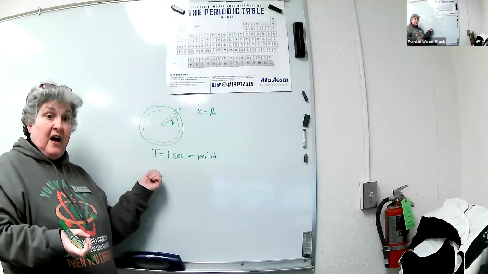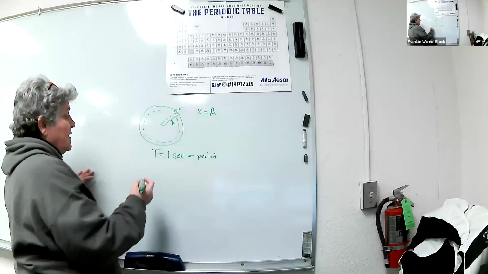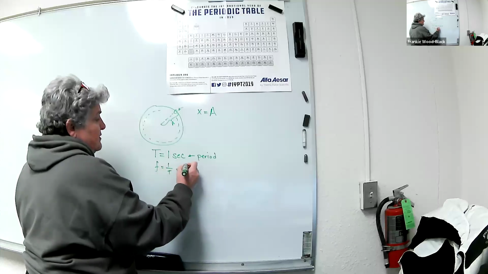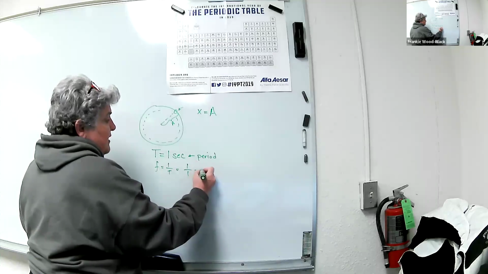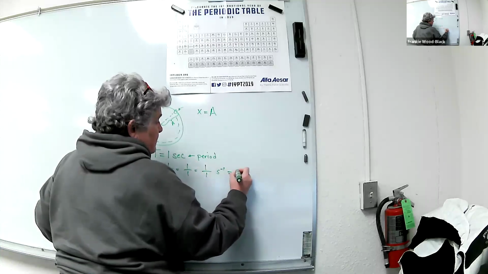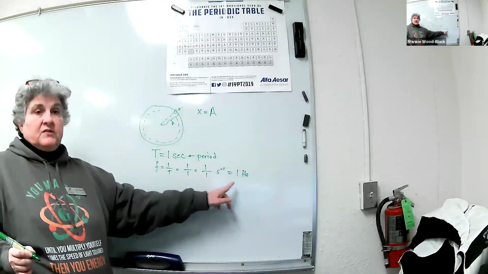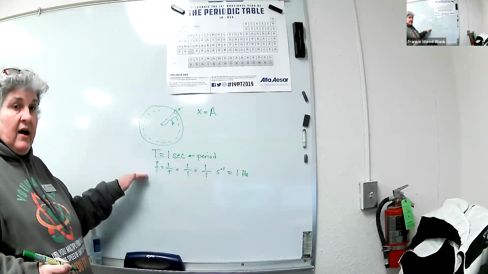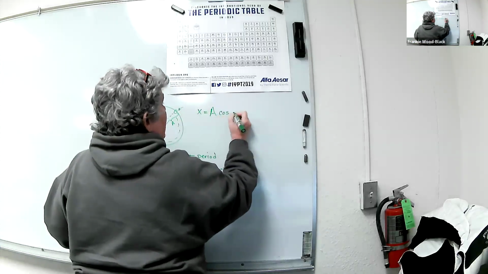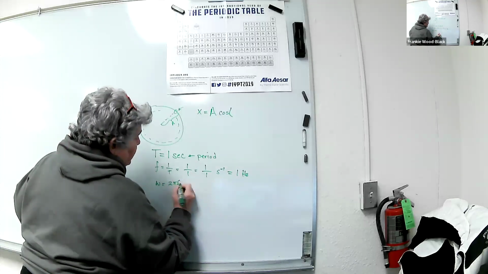My frequency is equal to 1 over the period, which is 1 over 1 second, equal to 1 hertz, because the inverse of seconds is a hertz. So I now have my frequency. If I'm writing this equation, this is cosine, and remember, omega is equal to 2 pi times the frequency.